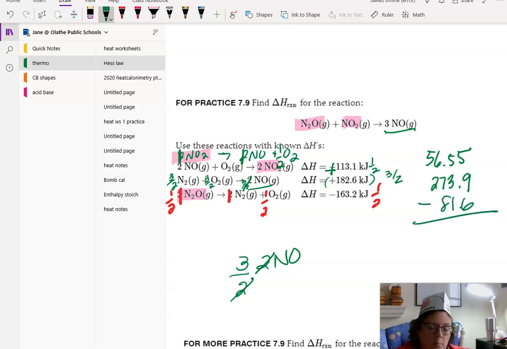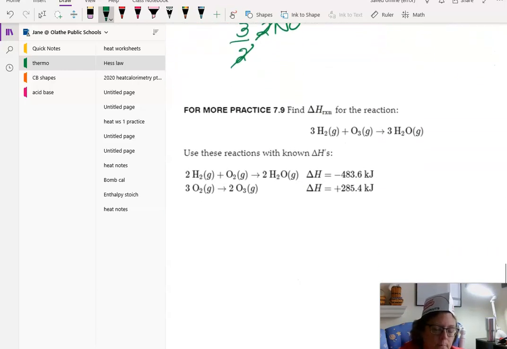Add those all up. And 248.85 kilojoules. You don't have to worry about sig figs here.